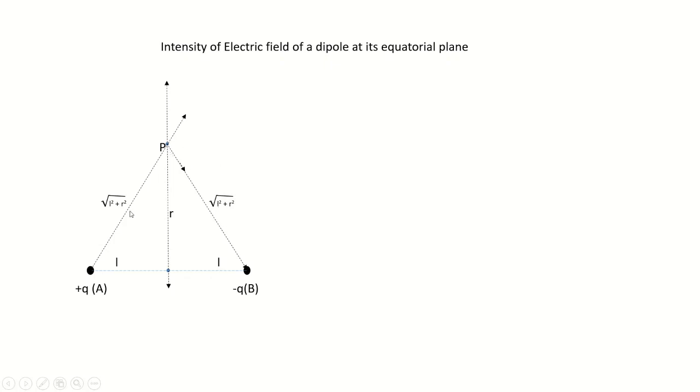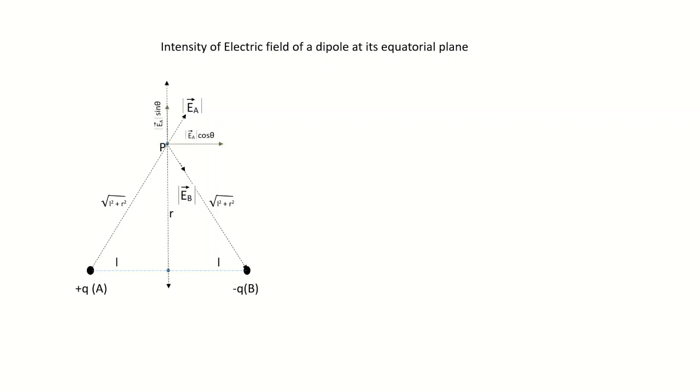The electric field direction along the line joining plus q to P is marked as EA, and similarly EB for minus q. Now when we have to obtain the electric field, we require to divide both EA and EB into two components, that is the sine and cos component.